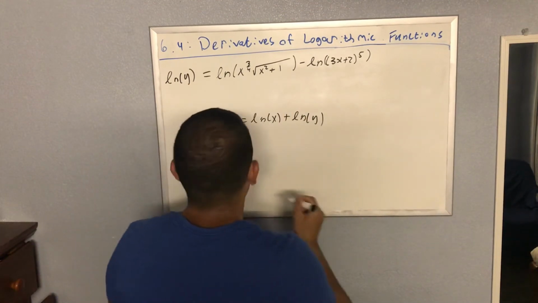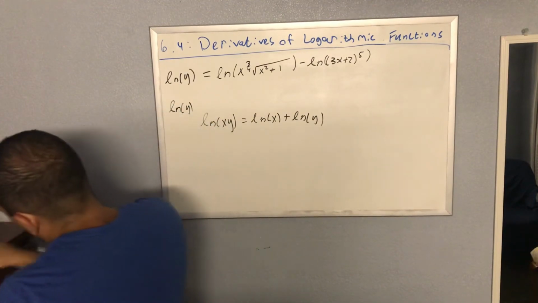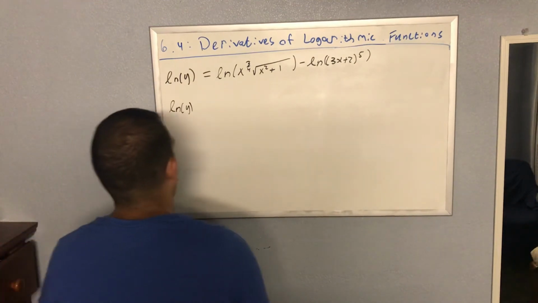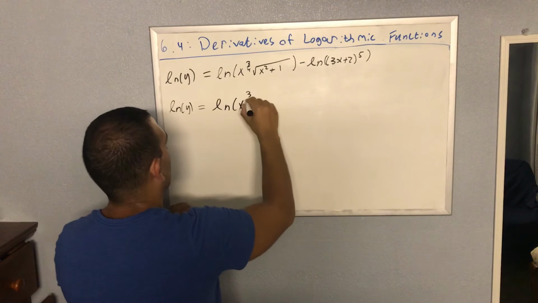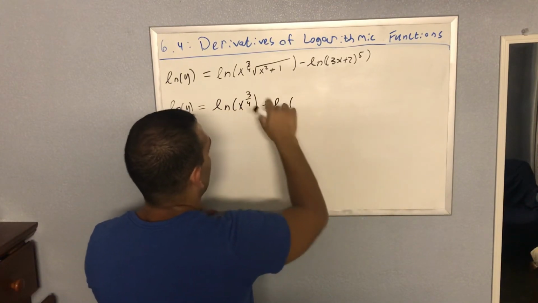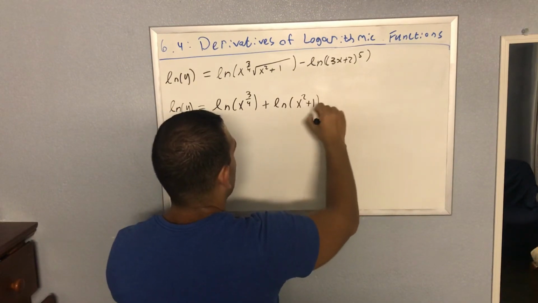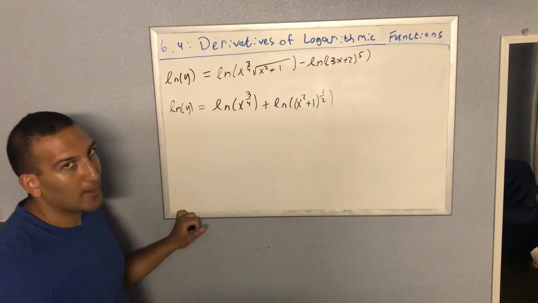So the ln of y is the ln of x to the 3/4 plus the ln, and instead of writing the square root of x squared plus 1, I'm going to write x squared plus 1 to the 1/2, which will become apparent why in a second.